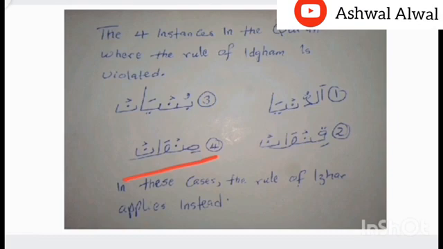Sinwan, there is a nunus sakina and then a waw following it. And of course, to wrap everything up, it is said that in these cases, the rule of izhar applies instead of idgham. That means you will make it obvious. Just pronounce it as it is. Ad-dunya, kinwan, sinwan, bunyan.